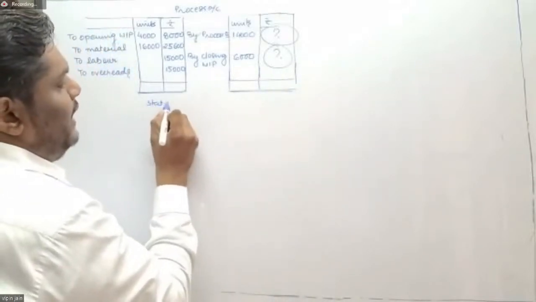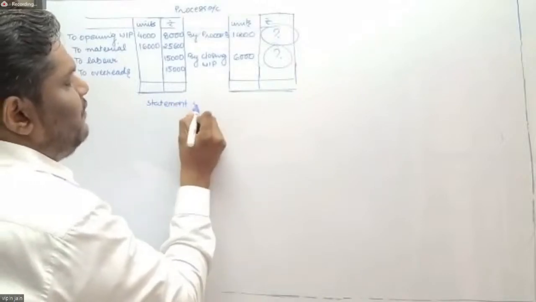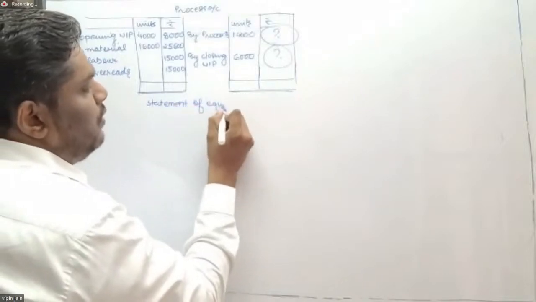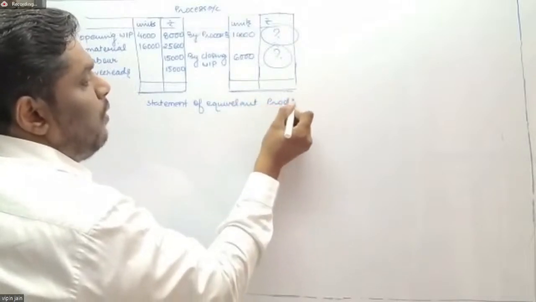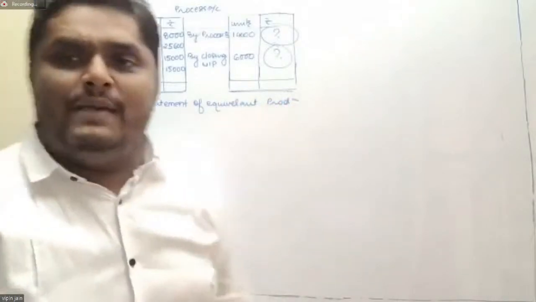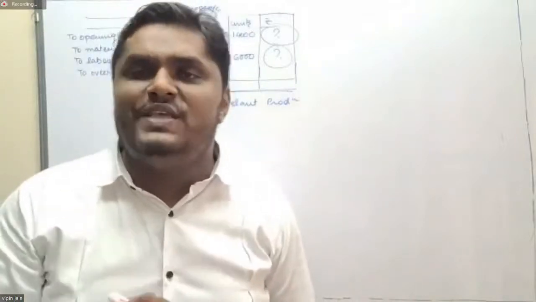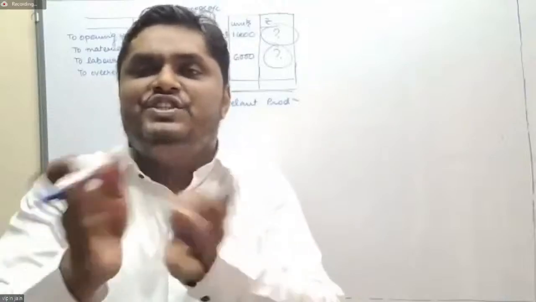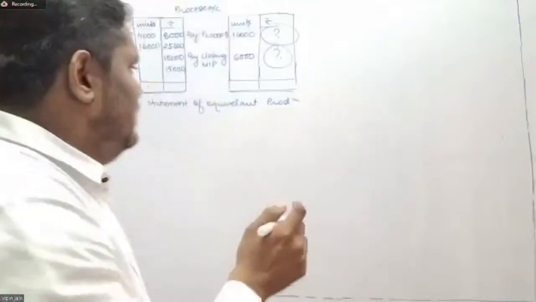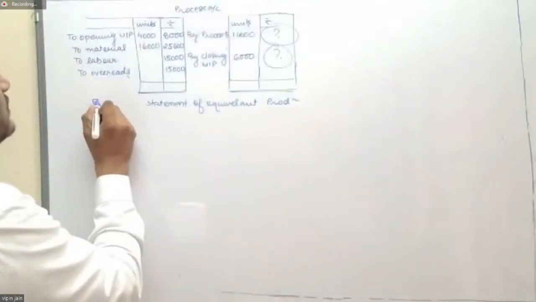Statement of equivalent number of units, statement of equivalent production. Now guys, I'll be solving this question first using FIFO method and then with weighted average method. So you guys can differentiate what is the difference. So let's start with FIFO method first.